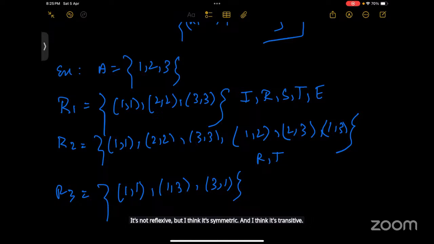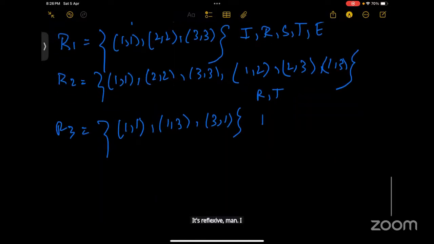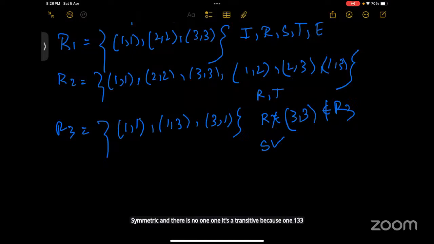Three is not there, so it's not reflexive. Then 1, 3, 3, 1 is there, so it is symmetric. And there is no 1, 1. Is it transitive? 1, 3, 3, 1 is there, but 1, 1 is not there. 1, 3, 3, 3 is not there, ma'am. So it's not transitive. Correct.